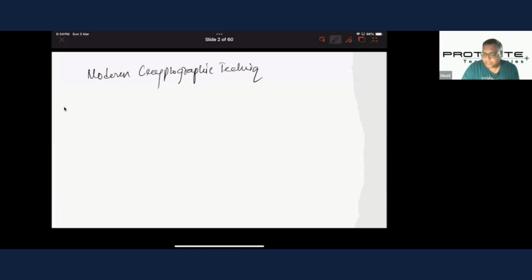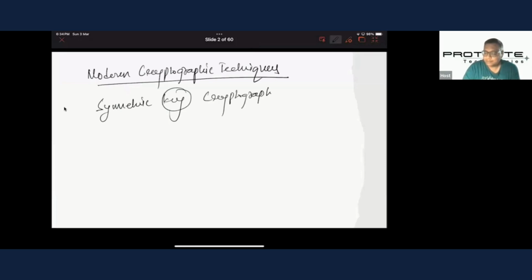Right. Now, the first technique that is used is something called symmetric key cryptography. Now, what is the key? The key is the part which is the access control to the information. So, you had an information, right? You made it pass through a mathematical function, okay, and it gave you an encrypted value.